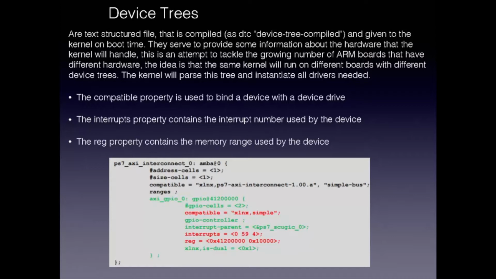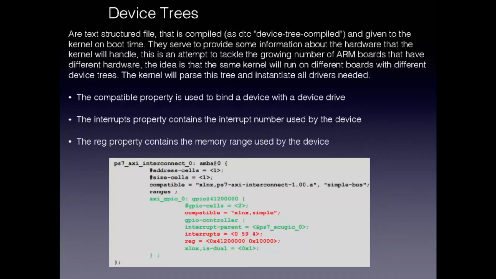They are structured text files that are compiled with a tool called DTC that is inside your Linux source code, and given to the kernel at boot time. When you boot the kernel, it boots the kernel image plus a device tree binary image, let's say like this. So they serve to provide some information about the hardware that the kernel will handle.